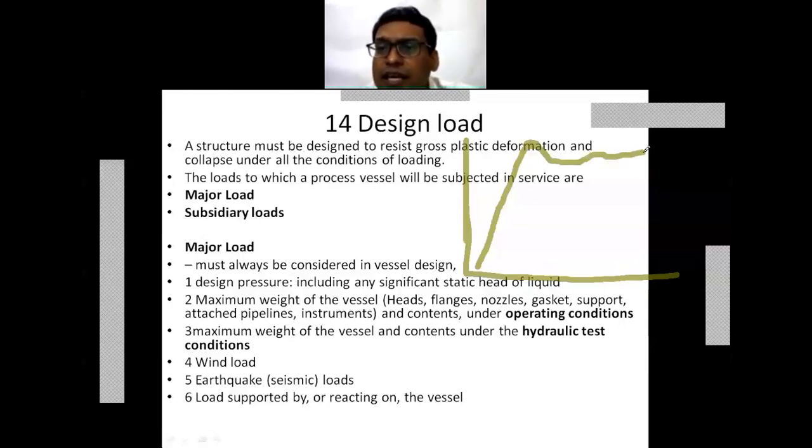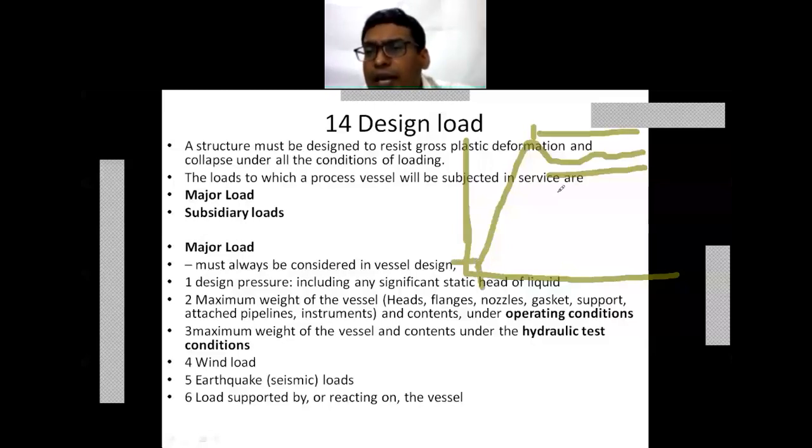So this is the stress versus strain. Stress is directly proportional to the strain, and here you can regain the original properties. But if it crosses this maxima, that is the maximum elastic limit, it goes into plastic deformation, where in this plastic region you cannot attain the original values of the stress and strain.